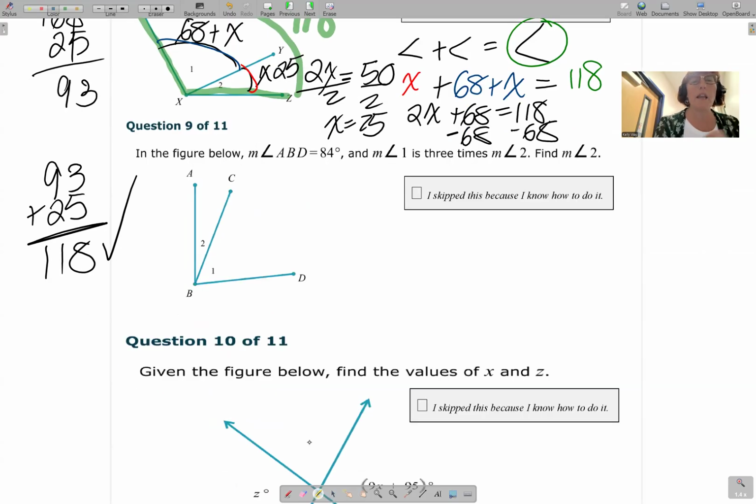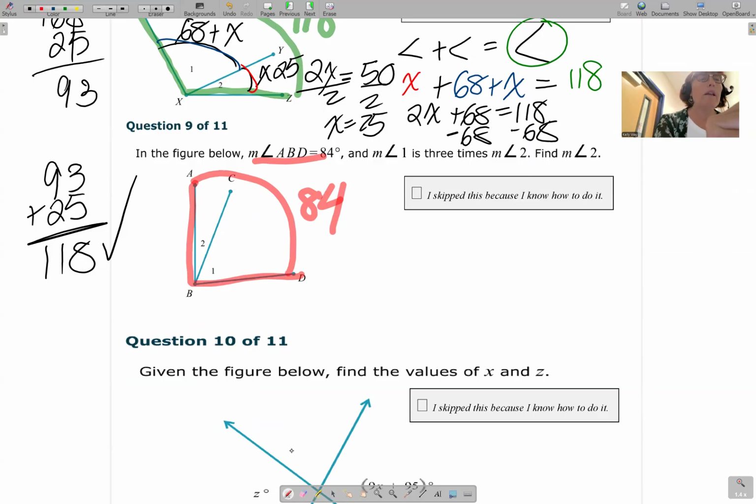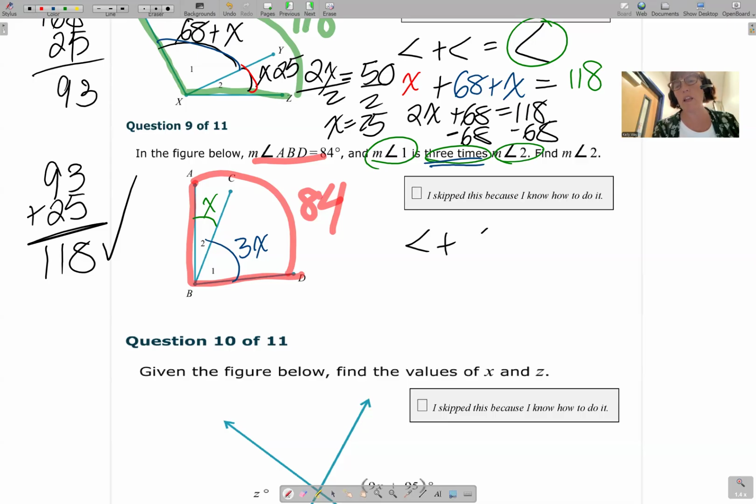Right here in the angle below, ABD is 84. ABD, trace and sweep, 84. Angle 1 is 3 times angle 2, so we don't know angle 2. We'll call that x, and then 3 times, that's a multiplication, so that's 3x. So your equation would be angle plus angle equals big angle.